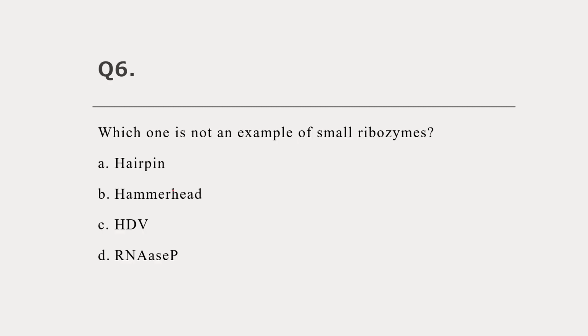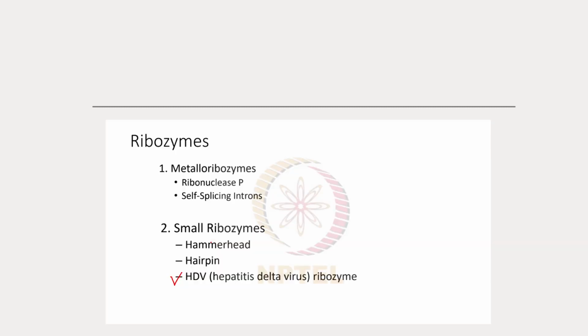So here your answer is RNase P or ribonuclease P. This is a class of metalloribozyme. Metalloribozyme means a metal is needed for the function of this particular ribonuclease P. Understood?